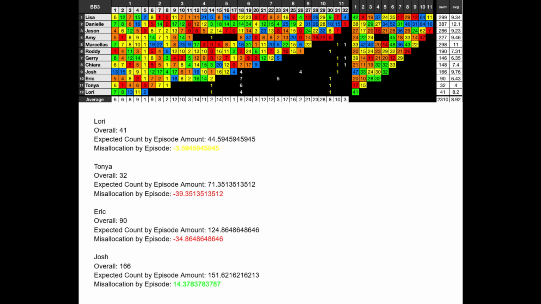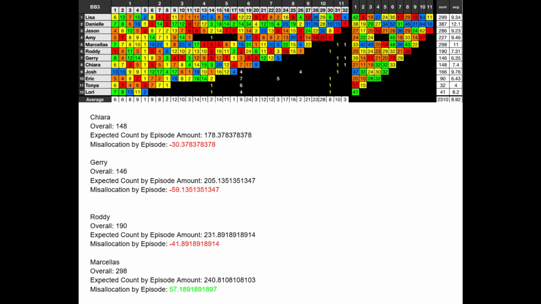Josh has an overall diary room count of 166, and his expected count by episode amount is 151.62. This means that he has 14 more diary rooms than he should have gotten if this was a balanced edit, but he only barely bumped up to the over edited compared to some of the others by 4.